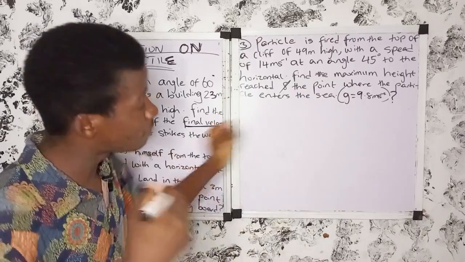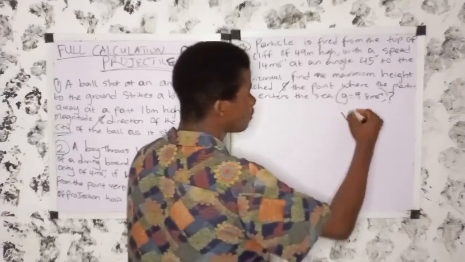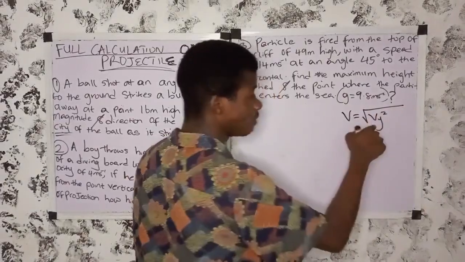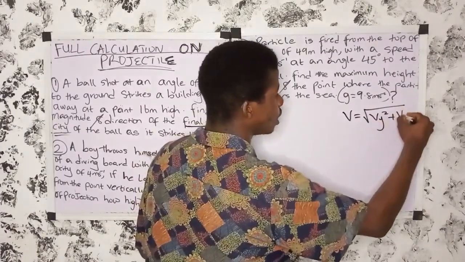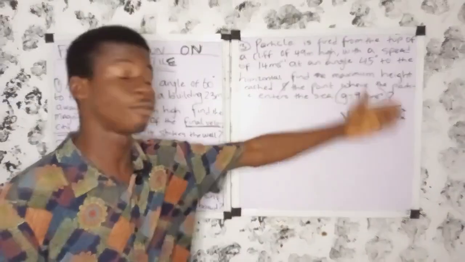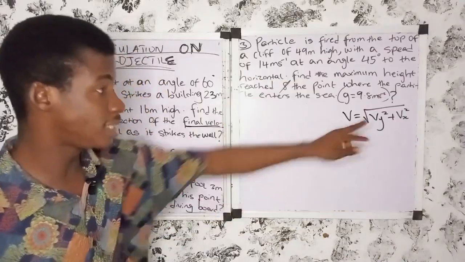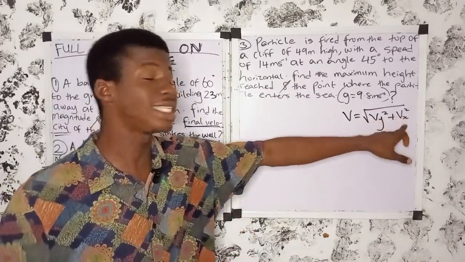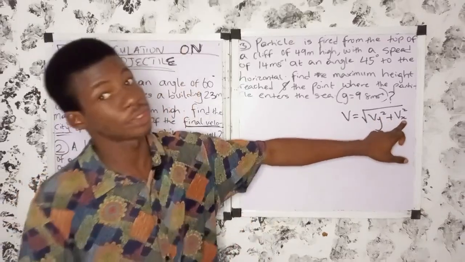Final velocity is equal to the square root of the square of the vertical velocity plus the square of the horizontal velocity. Remember, this is the final vertical velocity, while this is the final horizontal velocity.